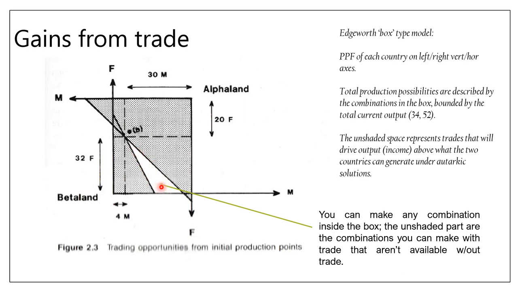Once they start exchanging, these are combinations that they can make together, but they couldn't make on their own in isolation. Alpha land has to be on this line or to this side of it. In isolation, Beta land has to be on this line or inside of it. If they combine, they can make the stuff in here. Okay, and so those are the potential gains from trade, this entire unshaded area.